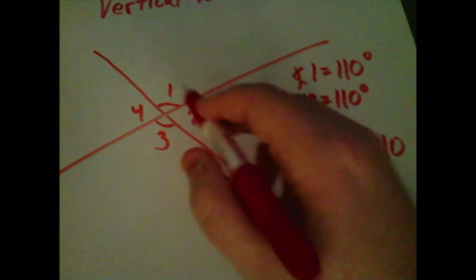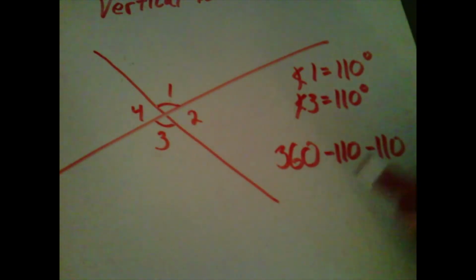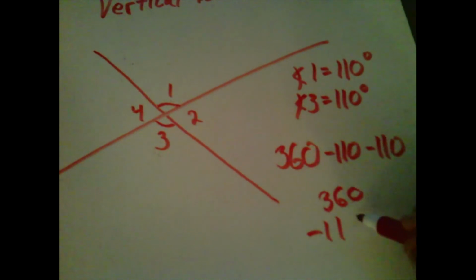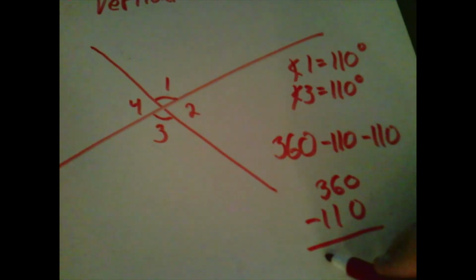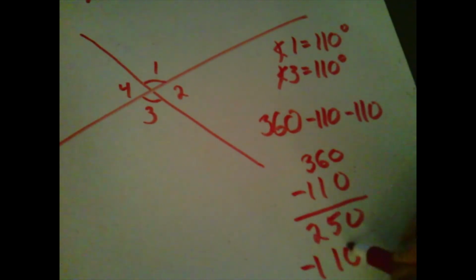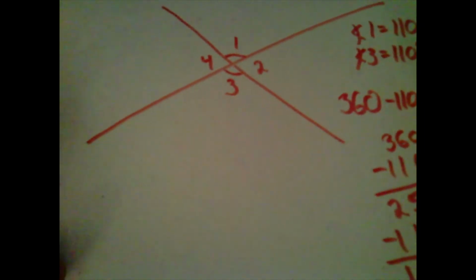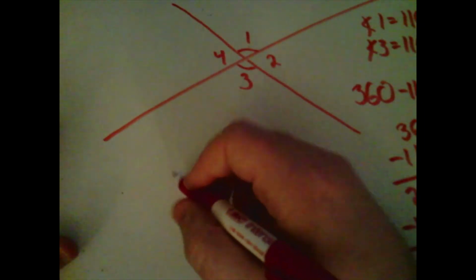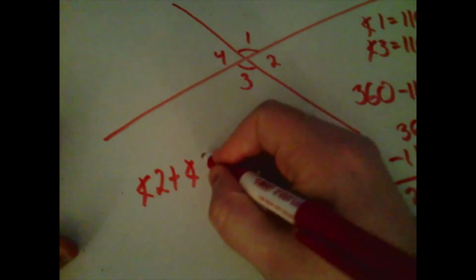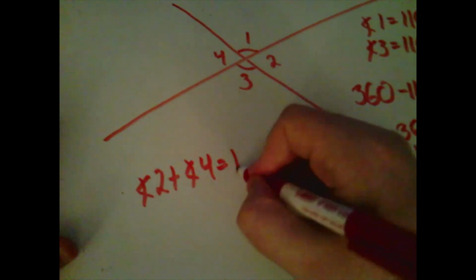That'll leave us just with angles 2 and 4. So let's see. This is 360 minus 110, which is 250. Subtract 110 again, which is then 140. All right. So angle 2 plus angle 4 must be equal to 140.